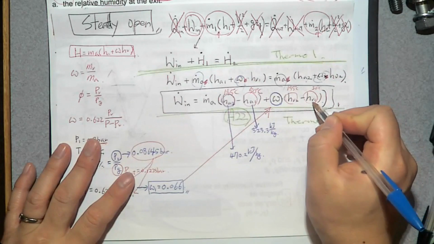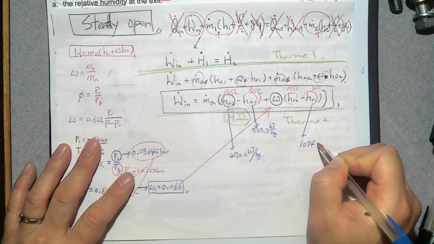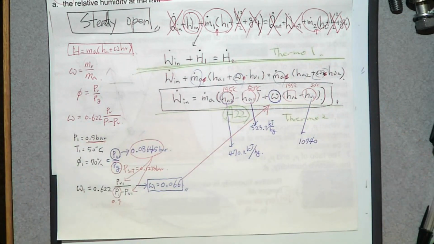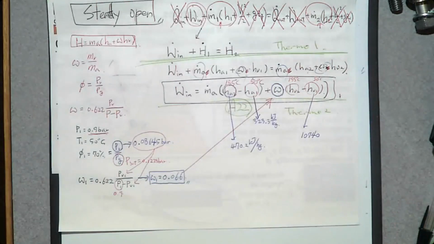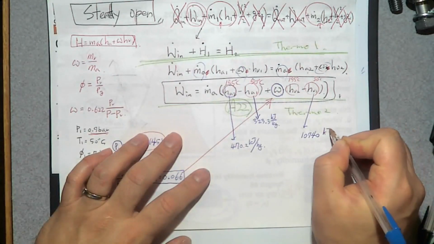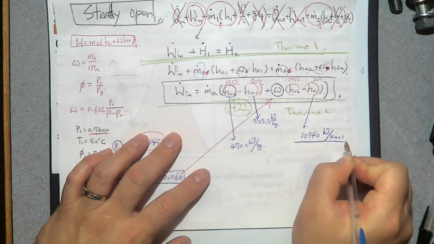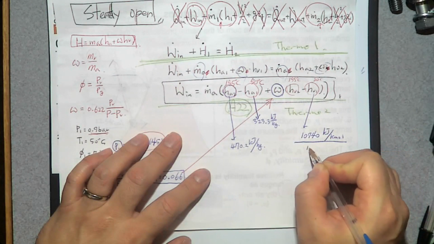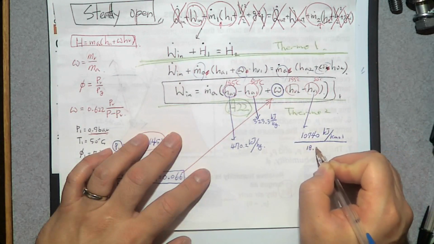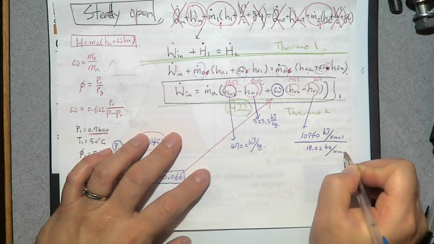So this one is 10,740. What is the unit of this H bar? Kilojoule per kilomole. And you need to divide by what? The capital M, molecular weight of water, 18.02 kilogram per kilomole.